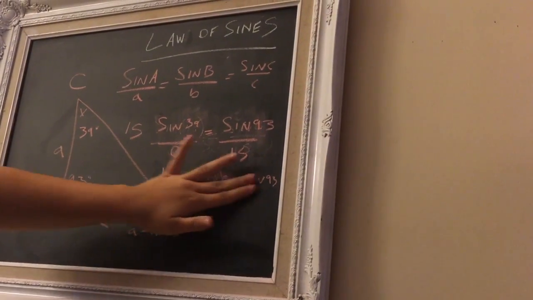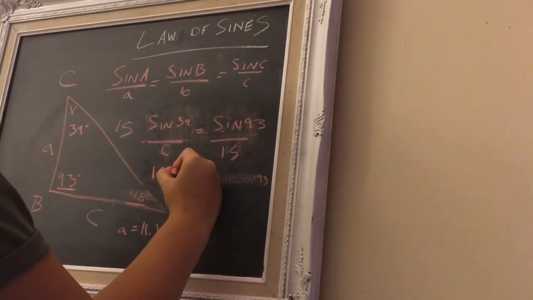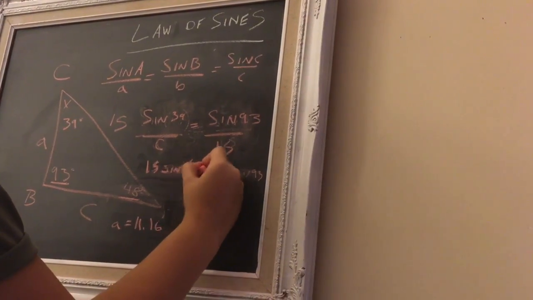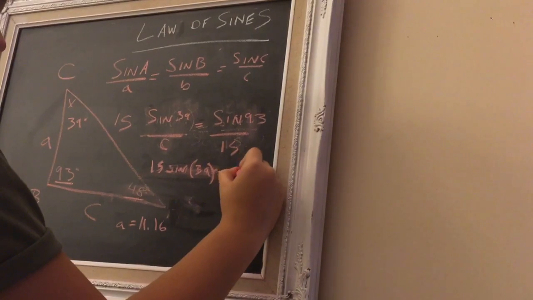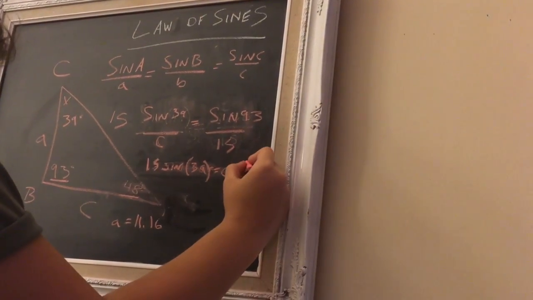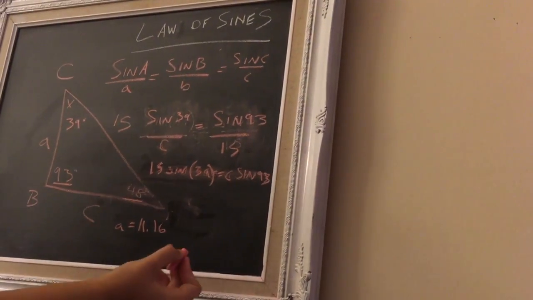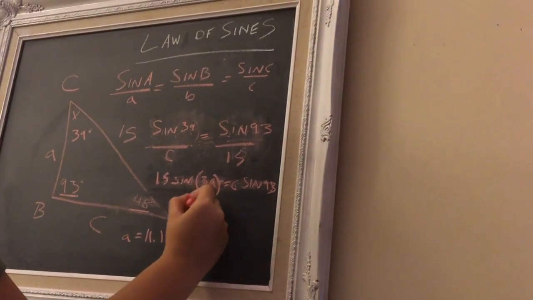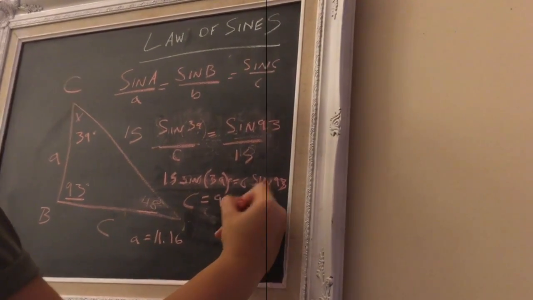Again, you're going to multiply across and end up with 15 sine 39 is equal to c sine 93. Once you simplify, you end up with c is equal to 9.4. Correct!